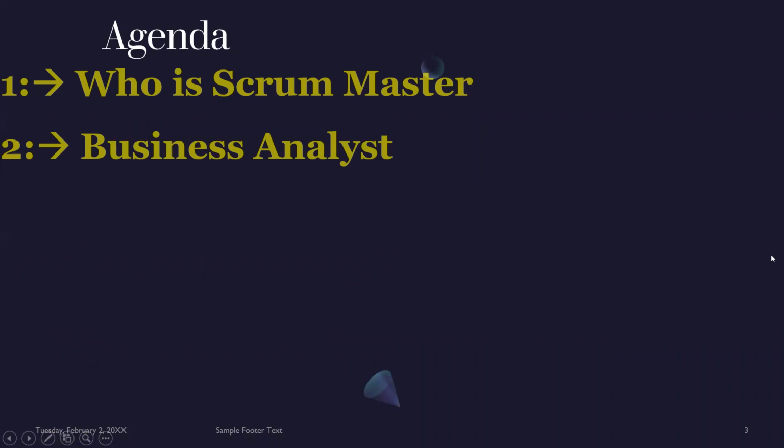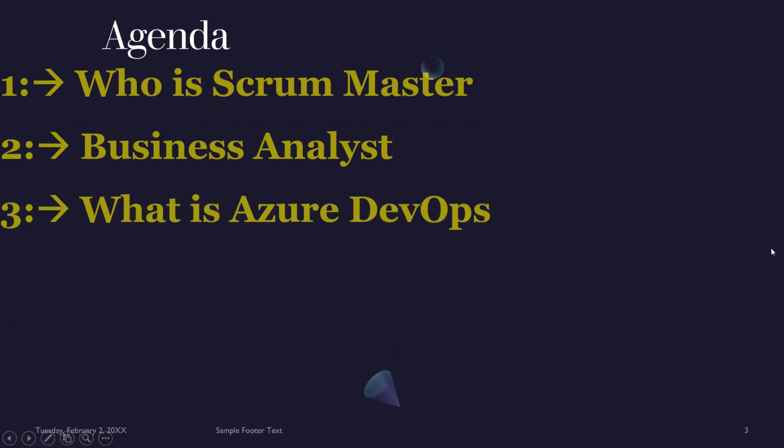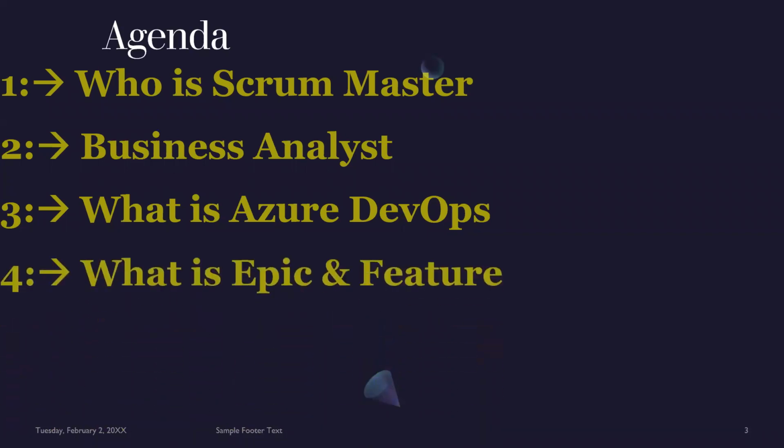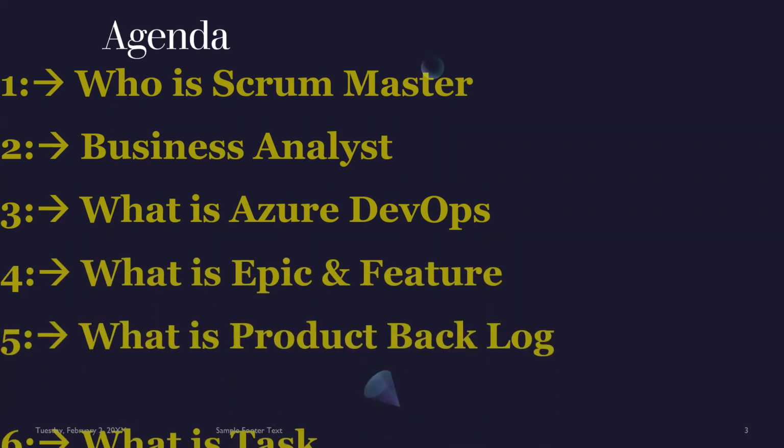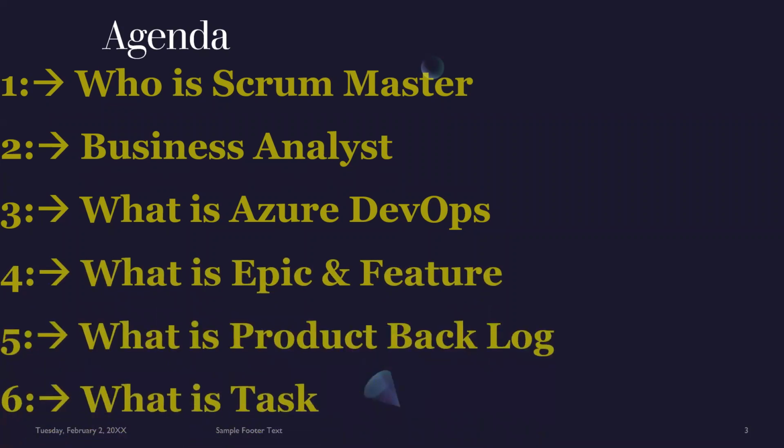So what does the business analyst do, and what is Azure DevOps? Why do we require Azure DevOps, when we are already working on some software? And what is an Epic, what is a Feature, what is the Product Backlog, and what is a Task? Those things we are going to learn, and we will see them one by one in the technical part.